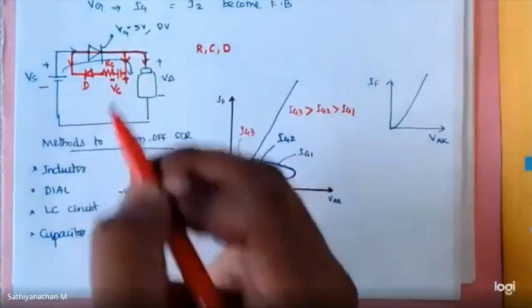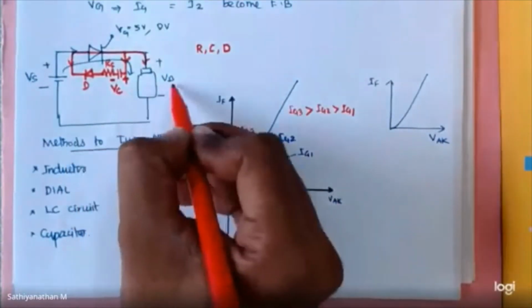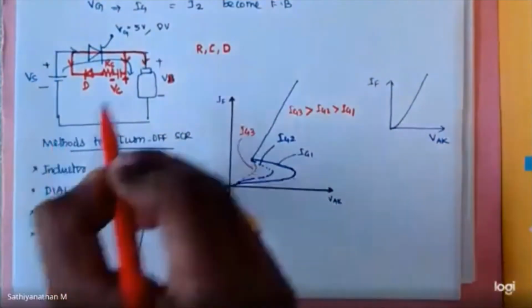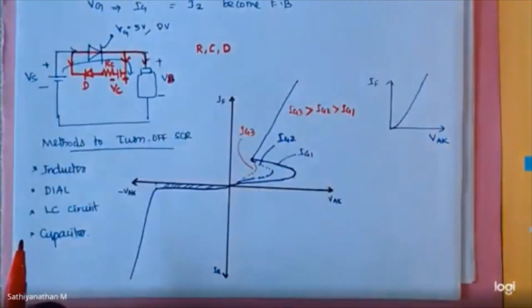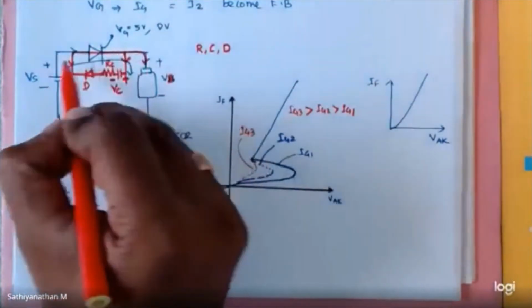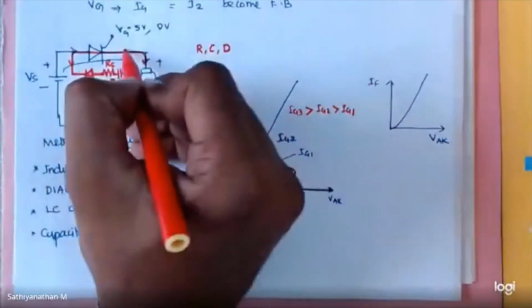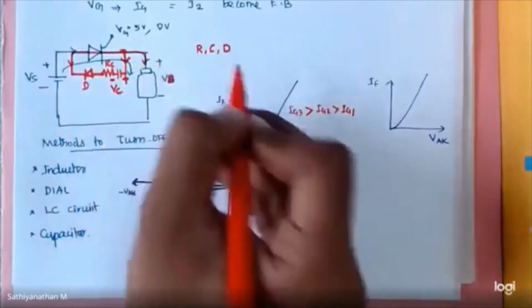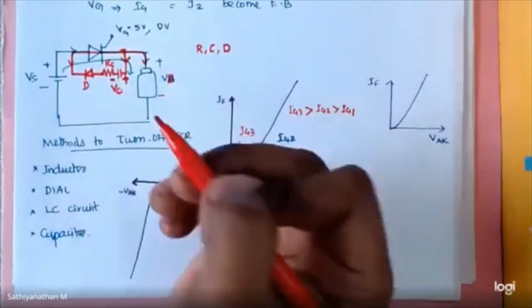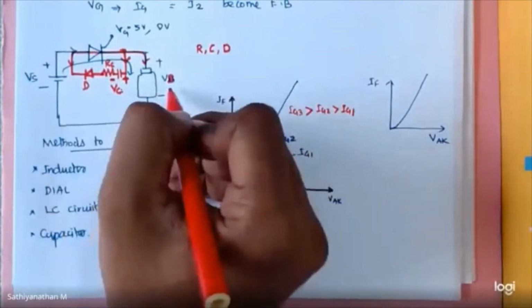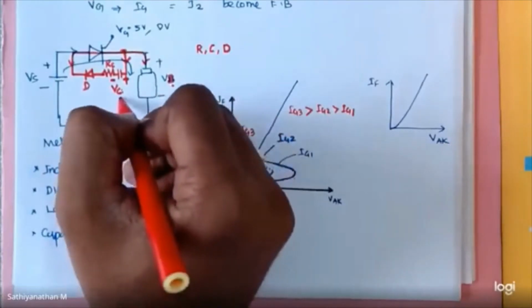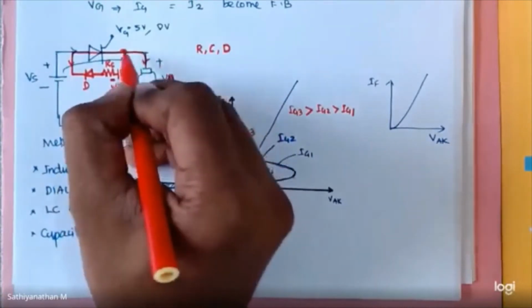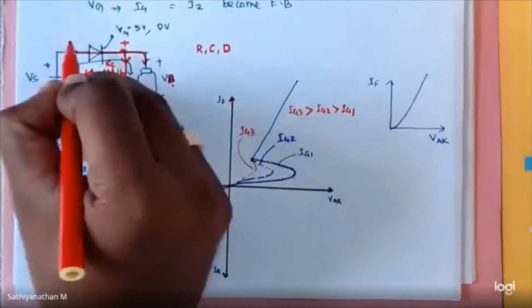There are 2 sources, Vc and battery voltage Vb, both will add up and that will block the current flow, right? So here there are 2 voltage sources. If you leave Vb, you can take Vc. So here you have 2 sources, battery voltage as well as a capacitor voltage. Both are reversed, right?